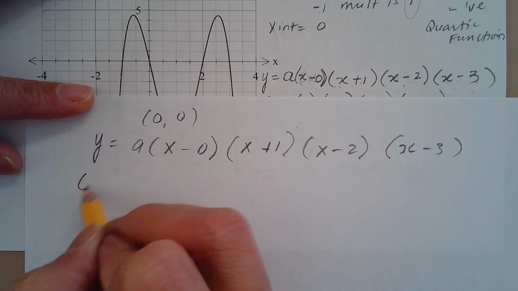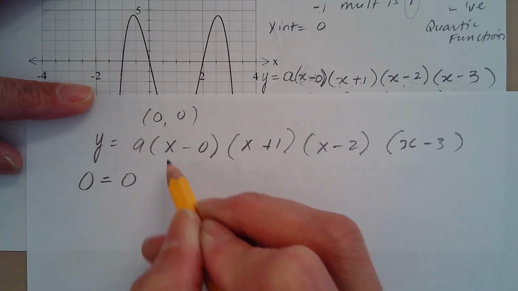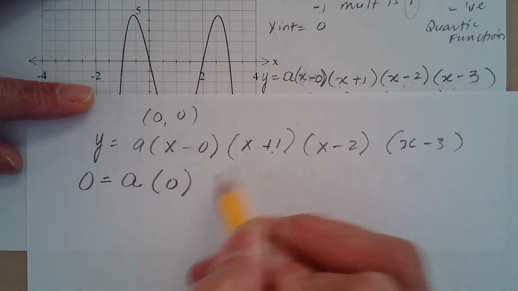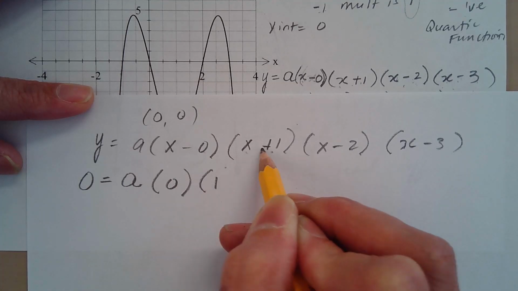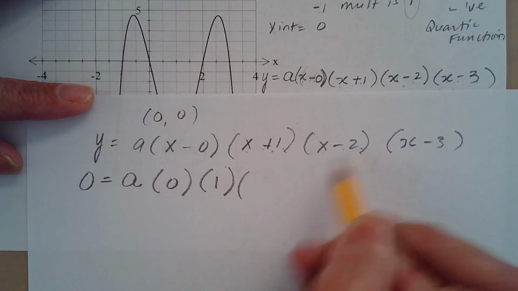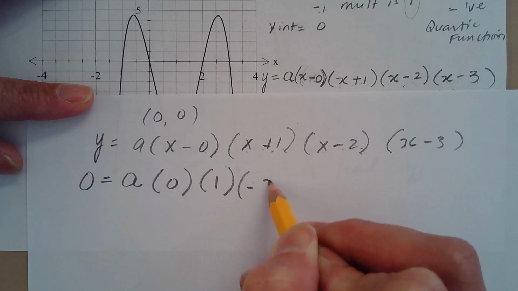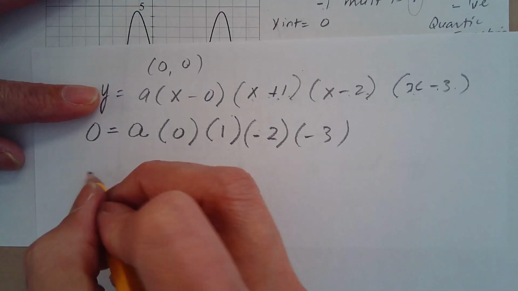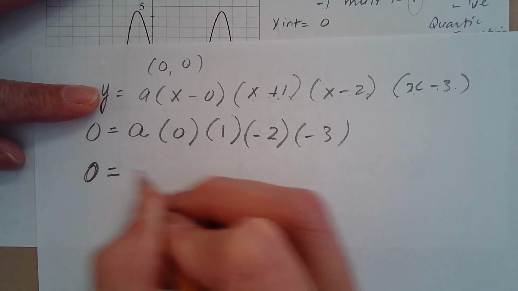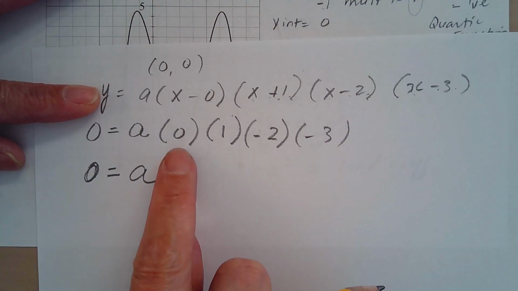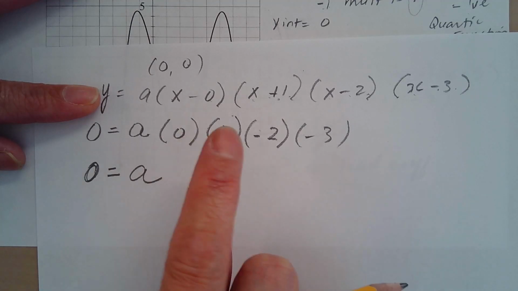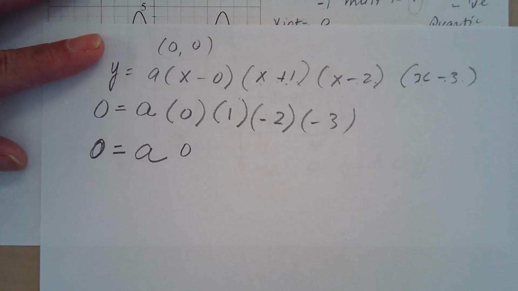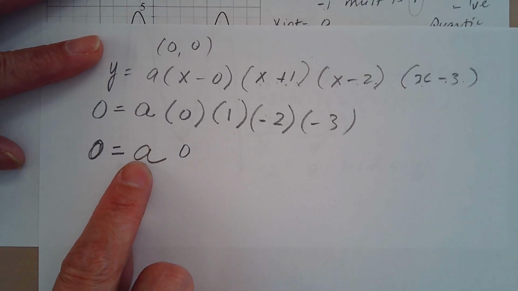If I put 0 for x and y, it would be 0, and if I put 0 there, 0 plus 1 is 1, 0 minus 2 is -2, 0 minus 3 is -3. So 0 equals A times 0 times 1 times -2 times -3 times 0. Well, we can't figure out the A.